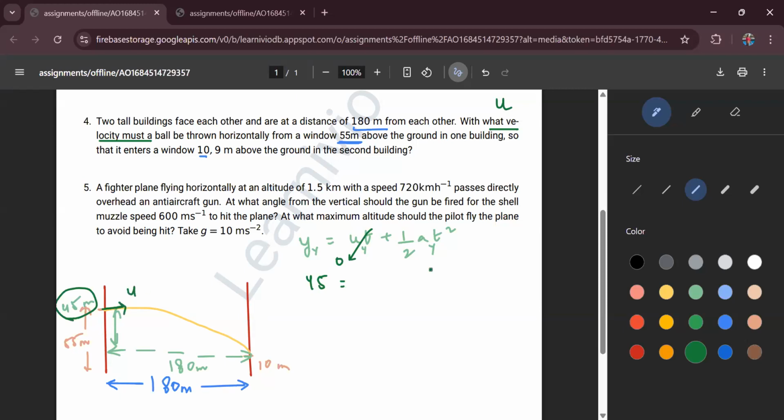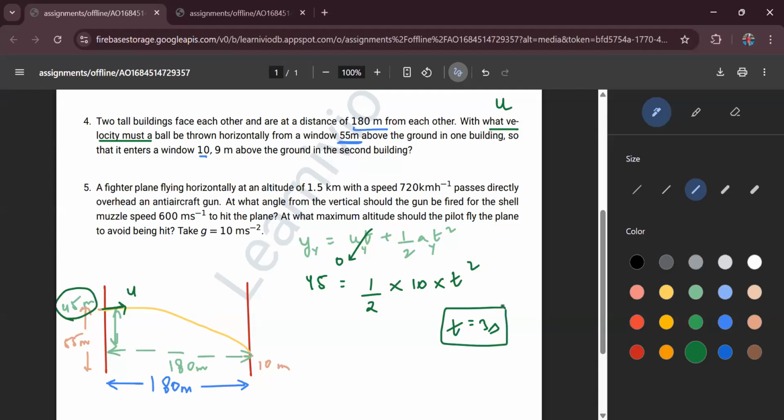This is what we are trying to calculate. So this will be 0 and half a t square. Time isn't given, so time we have to calculate from here. This will be 9, so 9 under root, 3. So time will come out to be 3 seconds. Till here, is it clear? Time will be 3 seconds.